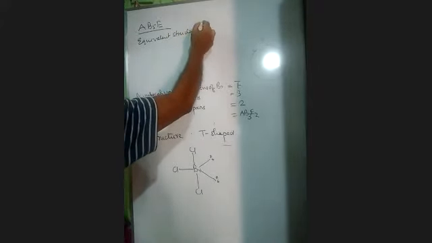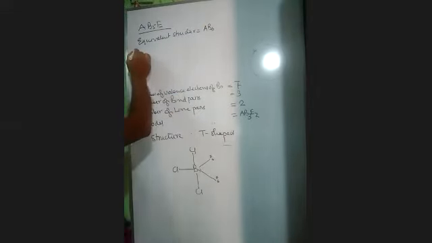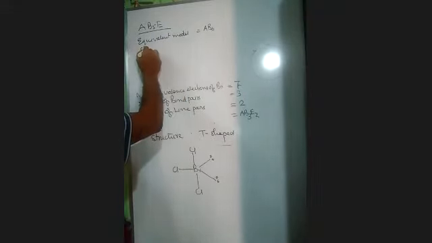The equivalent structure is with our original model, AB6. Sorry, equivalent model. So what is the structure?